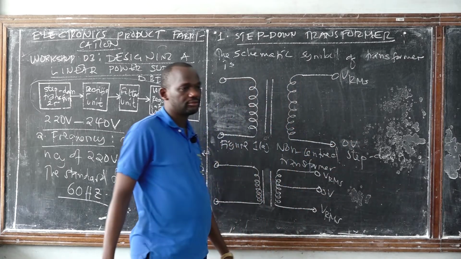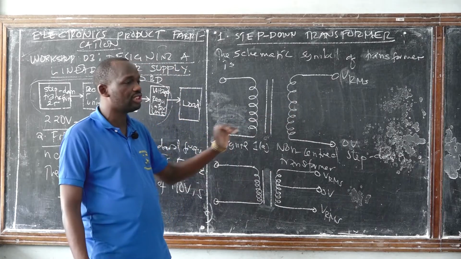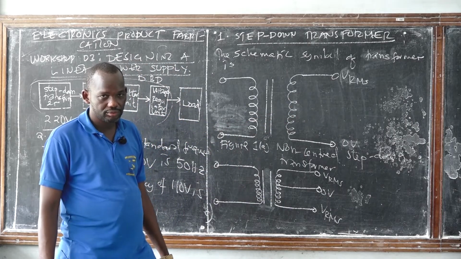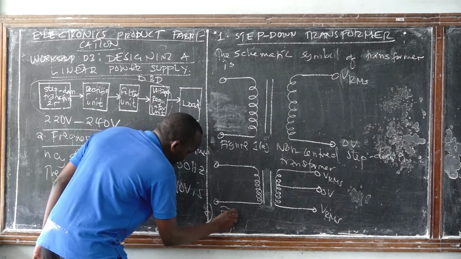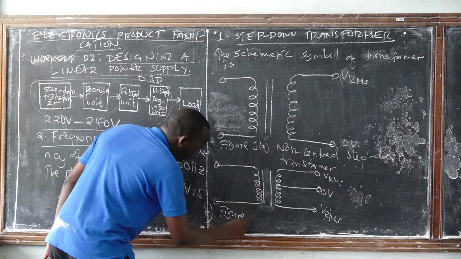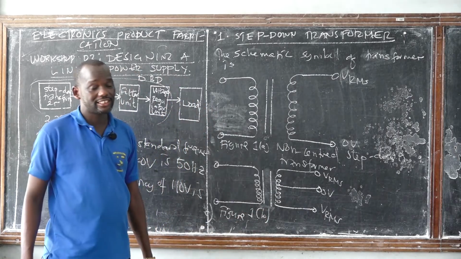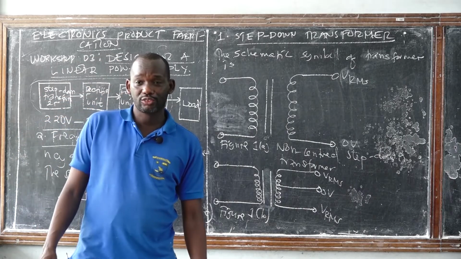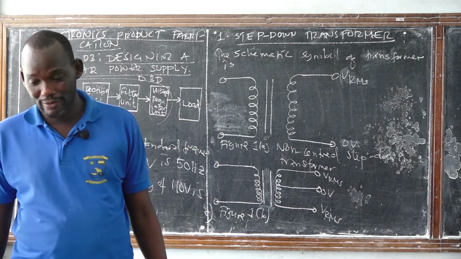Listen carefully. We did not discuss the output parameters, but I'm trying to give you the overview. If you remember, when I was teaching you about the transformer, I did not go into much detail. I just mentioned step down, centered step down and non-centered step down transformer.